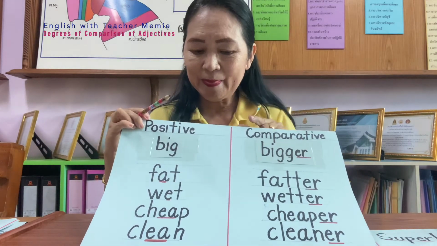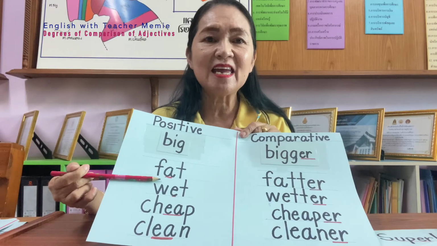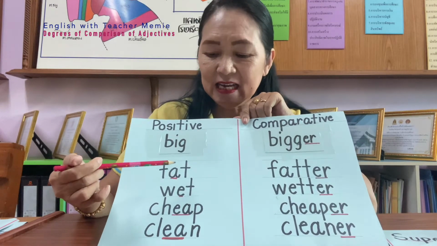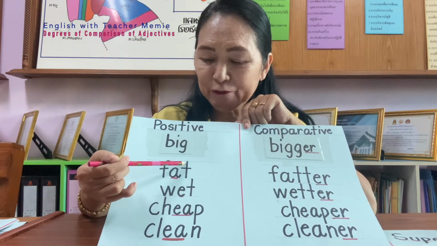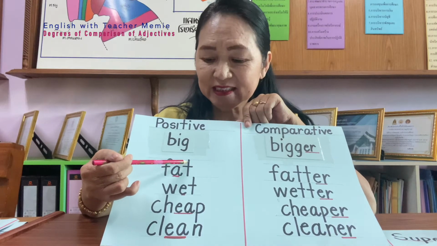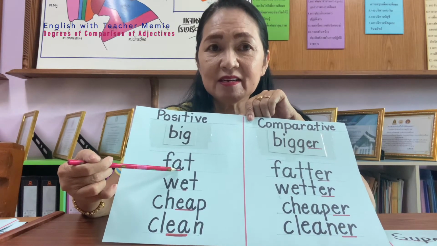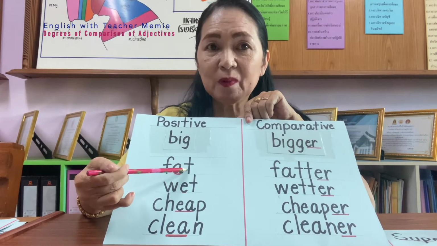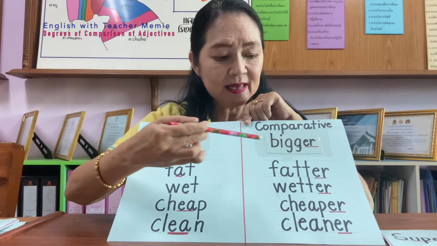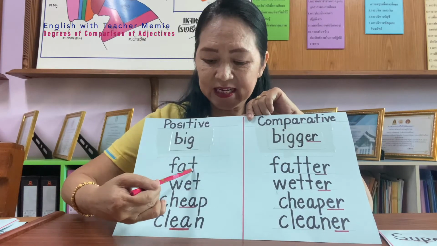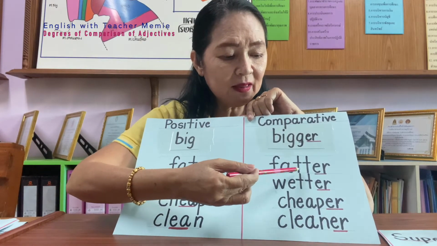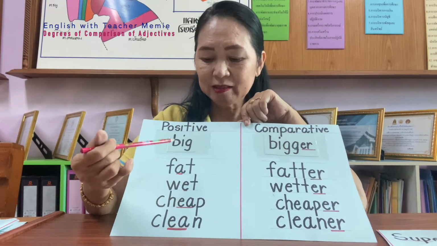Next, fat. Before the last letter, which is T, we have A, and A is a vowel letter. So you have to double the letter T, then add ER.